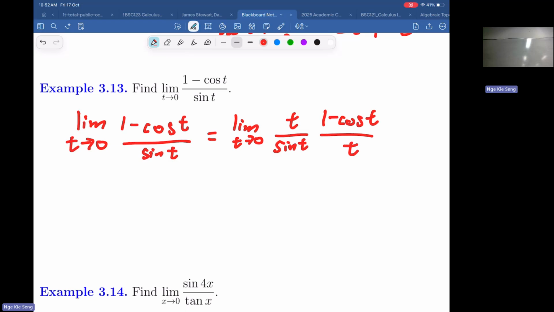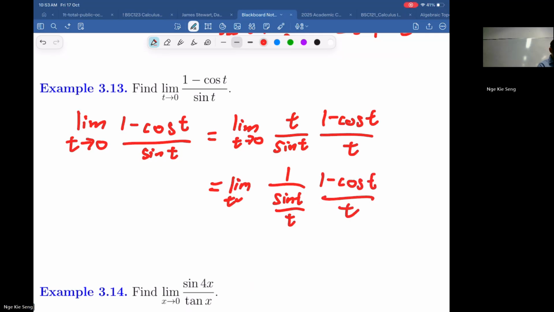You can write t over sine t as equal to 1 over sine t over t. This is the step you need to write down. Please don't jump, because if you jump, your classmates don't know what you are doing. Make sure everyone knows what you do.